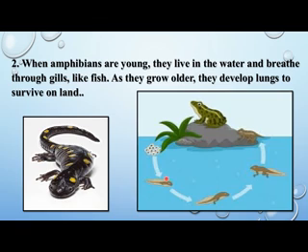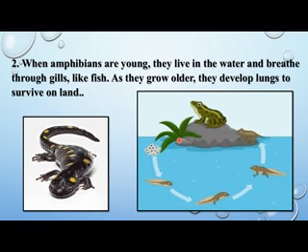They swim in water and use their gills for breathing. Until they become adults they spend their life in water, and when they become adults, they develop lungs and are then able to survive on land.